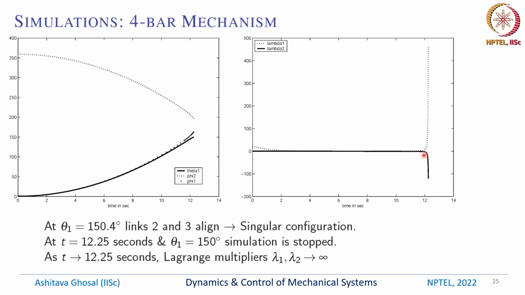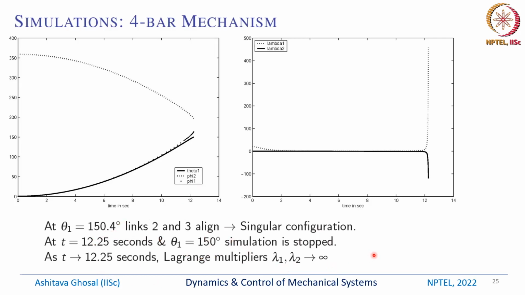At that time, 12.25 seconds exactly, theta 1 is 150.4 degrees, and link 2 and link 3 will align, so they will become like 180 degrees. At 12.25, the Lagrange multipliers go off to infinity.